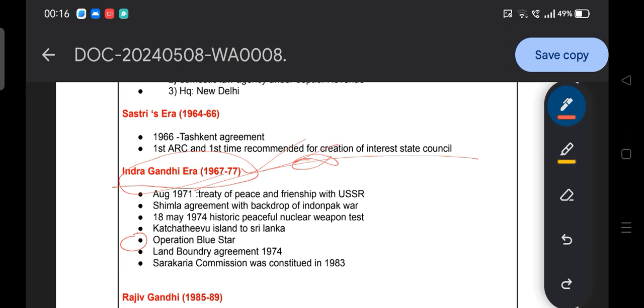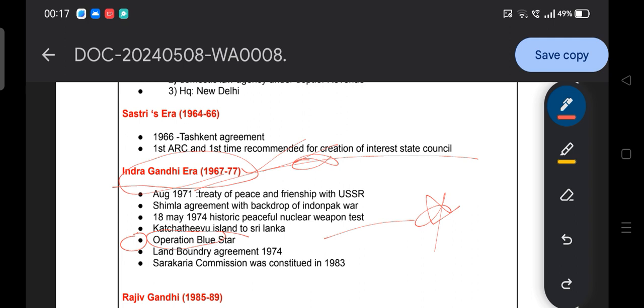Basically, Operation Blue Star was started by the Indira Gandhi government. That is also important, because these kinds of issues are raised nowadays during elections to counter each political party's ideology. So you need to remember that.